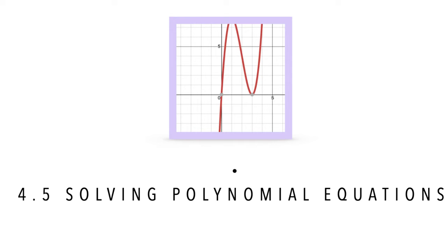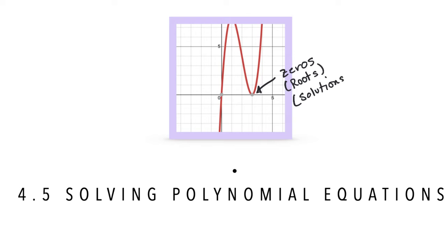When we solve them, what we are looking for is what we call the zeros of a function. It helps if you can spell zero. The zeros of a function, also called the roots of the function, and the solutions.